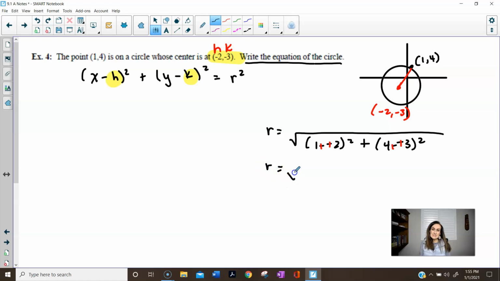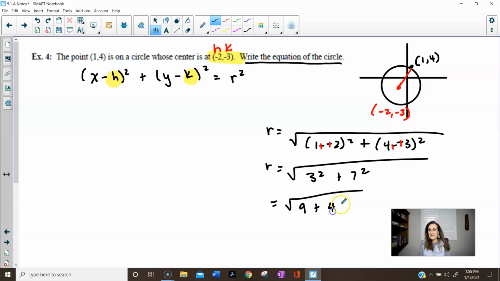So the radius is the square root of 3 squared plus 7 squared, which is the square root of 9 plus 49. And remember, don't take the square root of each; you have to add them together first. So that's the square root of 58. Now, do you notice that my formula wants an r squared?